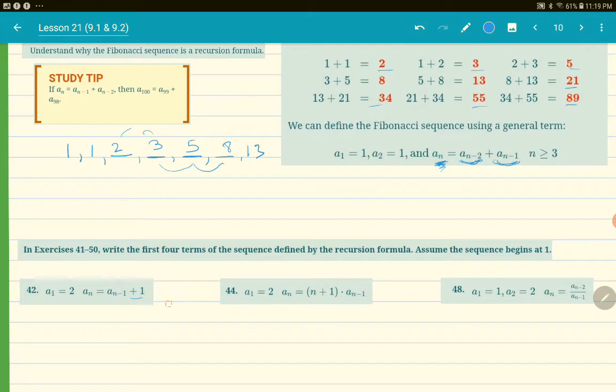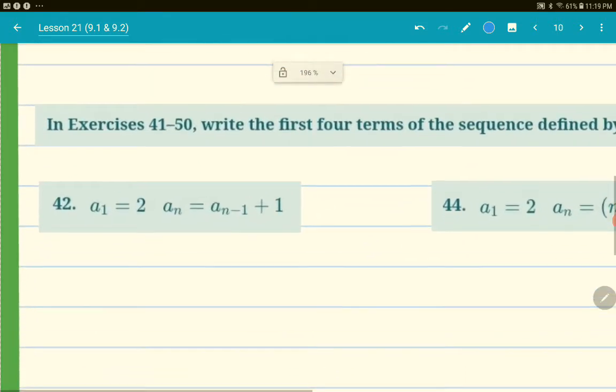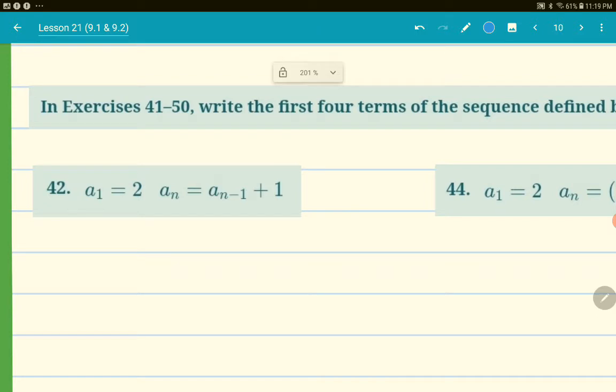Starting with 42, our first number is 2. The rest of the numbers are defined by finding the previous number and adding 1. So I look at the 2 and add 1, and I start with 3.